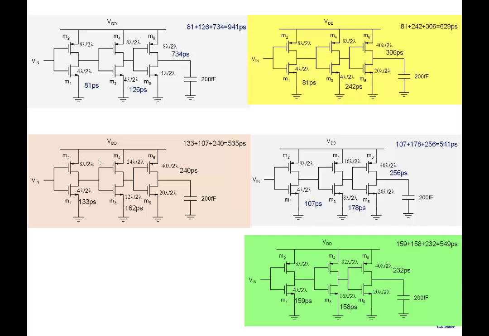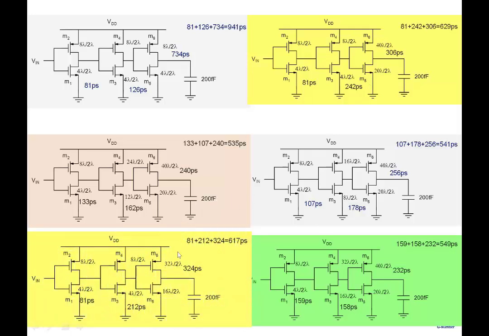So is that the optimum design? Well, to begin with, this choice was arbitrary, right? I increased it by a factor of 5. Why increase it by a factor of 5? Suppose I increase it by a factor of 4. So compare these two. Factor of 4, this is 629 and this is 617.